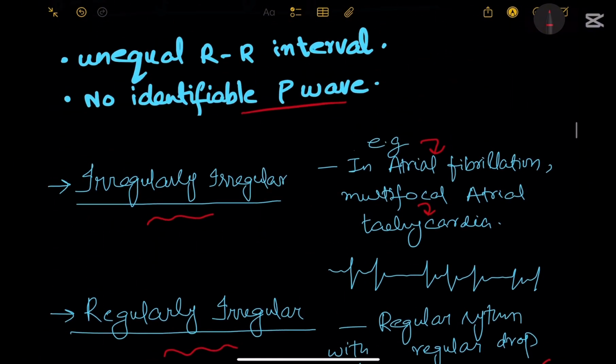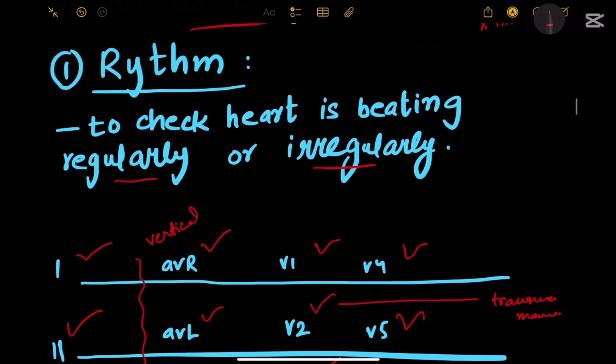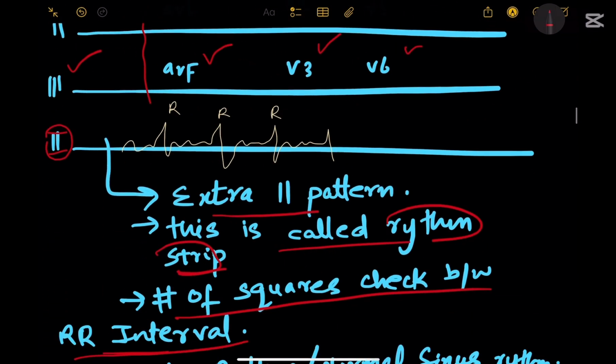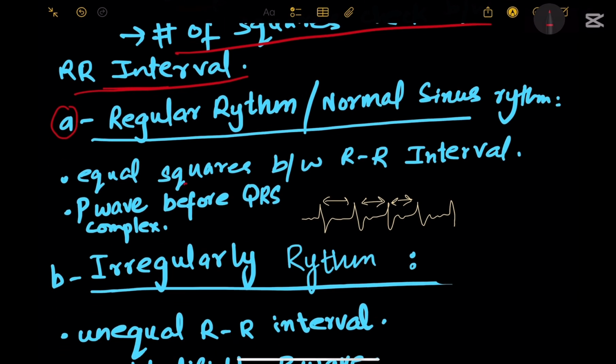So let's revise how rhythm is calculated in the ECG. What is rhythm? It is checked to find whether the heart is beating regularly or irregularly. In the regular rhythm, we will count the number of squares between the RR intervals.